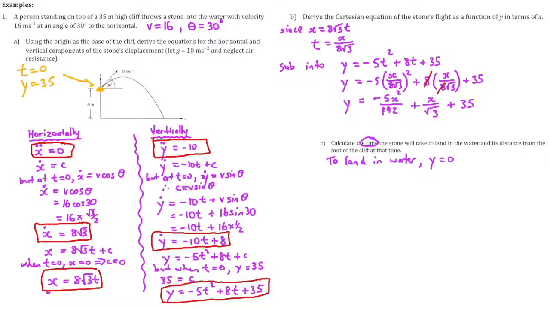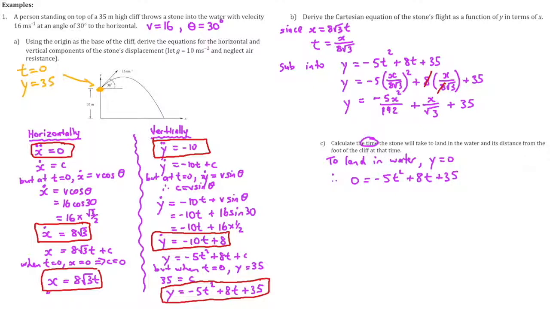Now if y is equal to 0, that means that we can actually use this formula here and put 0 equals. So we'll substitute it into that formula and we can say 0 equals minus 5t squared plus 8t plus 35.